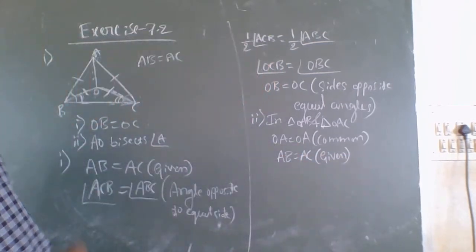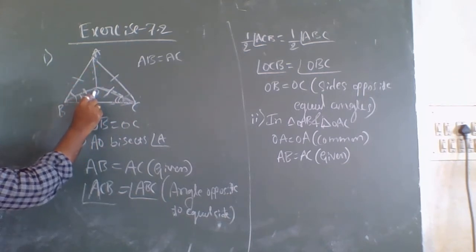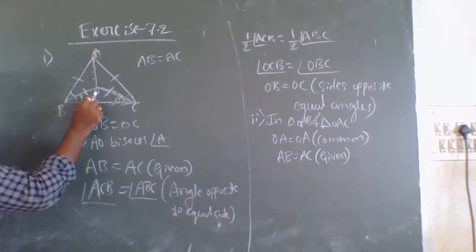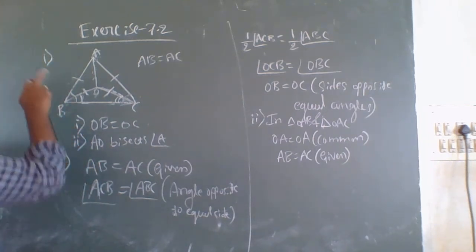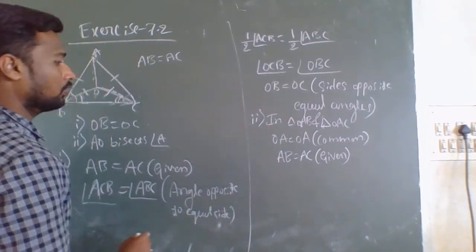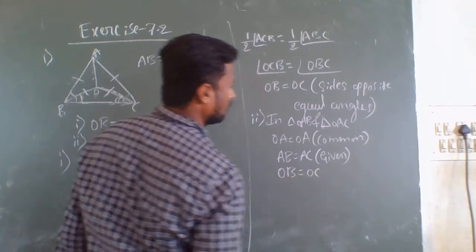Now the remaining side is OB in triangle OAB, OC in triangle OAC. So now OB is equal to OC we can write because it is proved in the first one. In the first main problem we proved OB is equal to OC. Therefore here we can write remaining side OB is equal to OC.